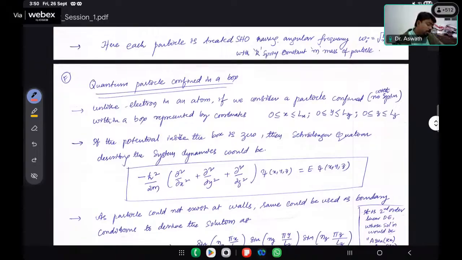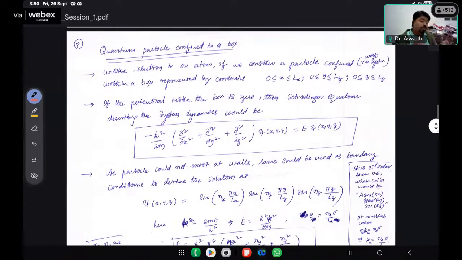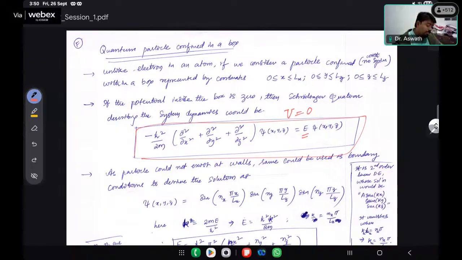So, a quantum particle confined in a box where the box doesn't have any potential. It's like zero potential. In that case, the potential U, whatever I was having earlier, you can make it 0 and just solve the second-order differential equation with E as a number, not as an operator. Okay, an energy number.